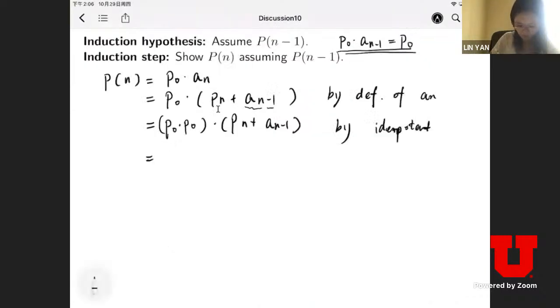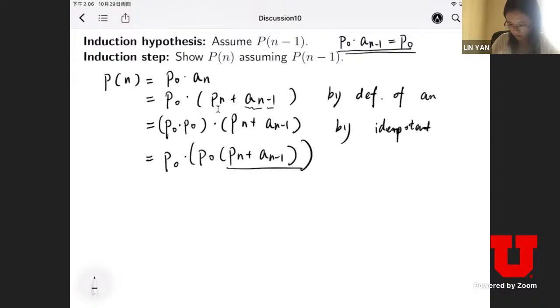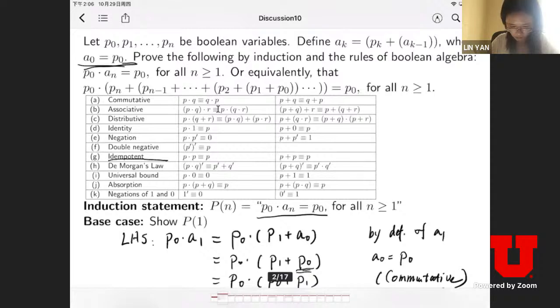Then we can take the Pn out with this one, and this is by associative.